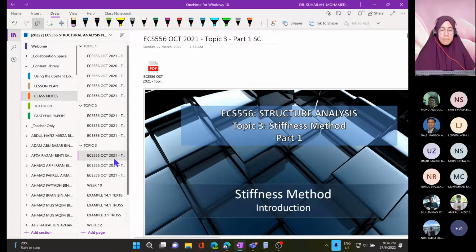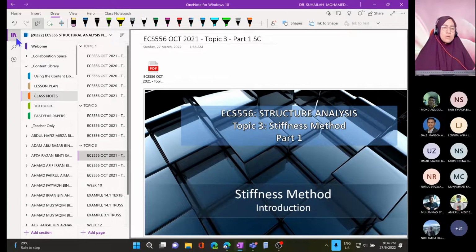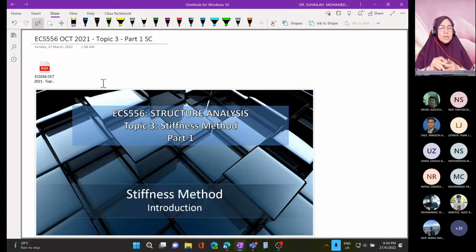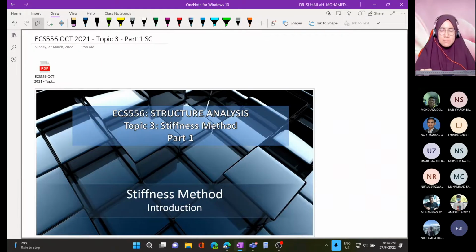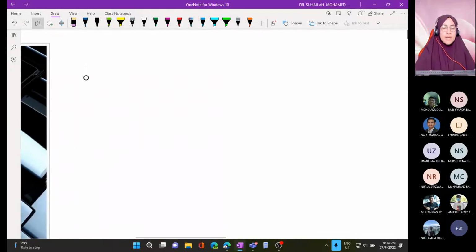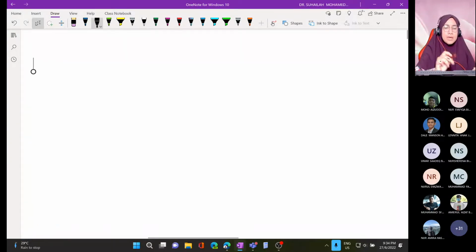I want to continue to explain further about the concept we discussed previously. Back to the concept just now, we have truss.